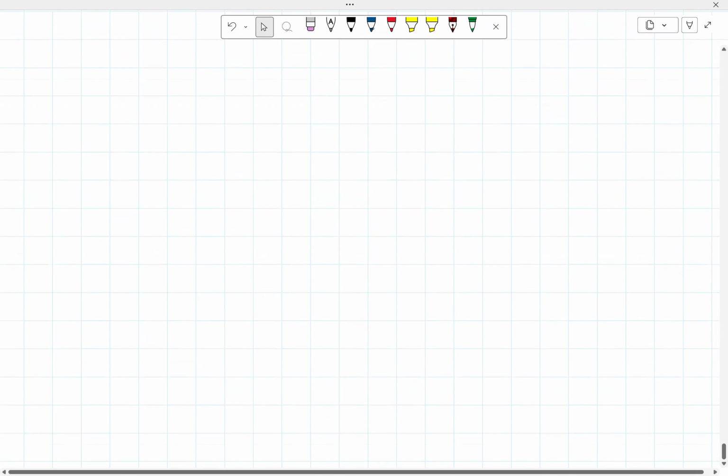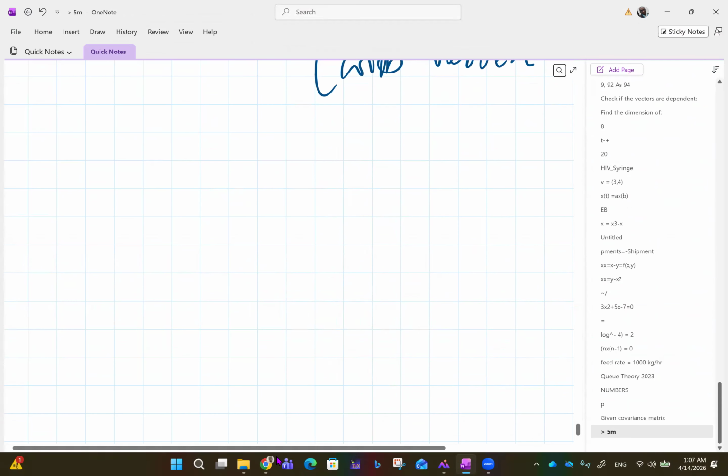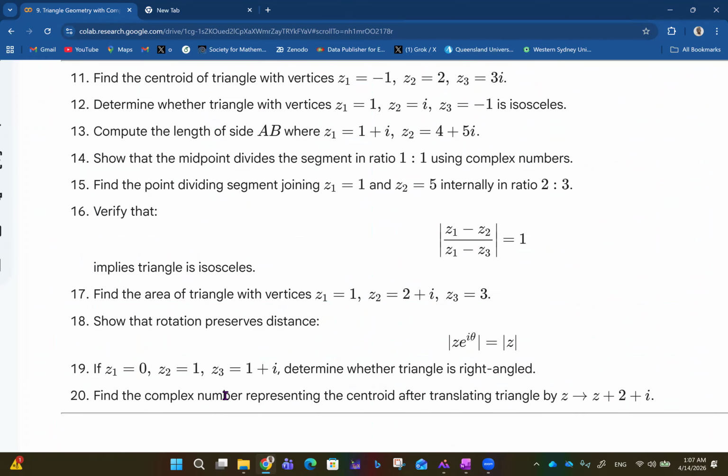The last one I'd like to do is question 19 now. Question 19, find a complex number, oh no, not that, question 18.